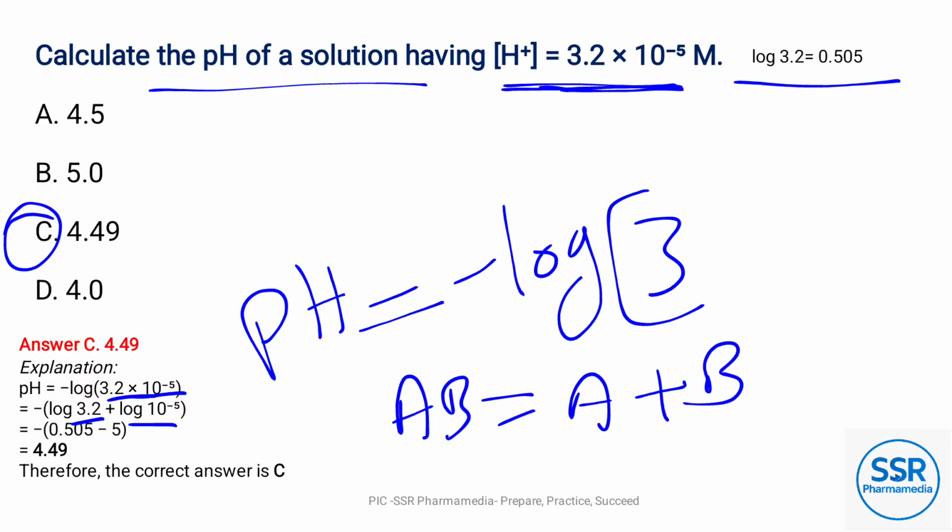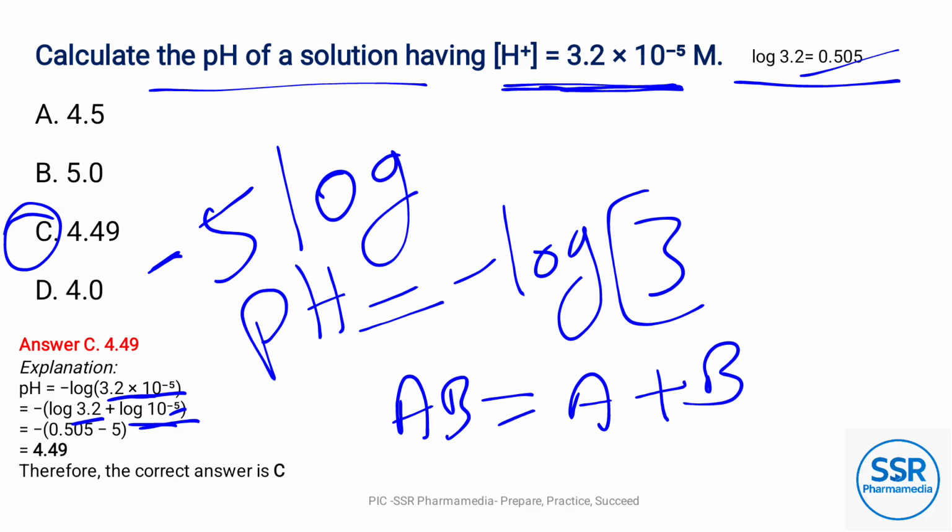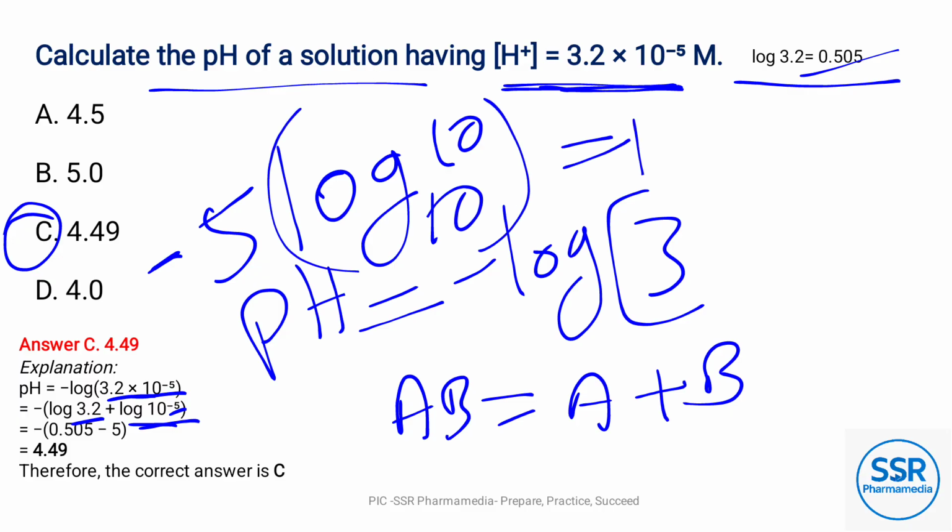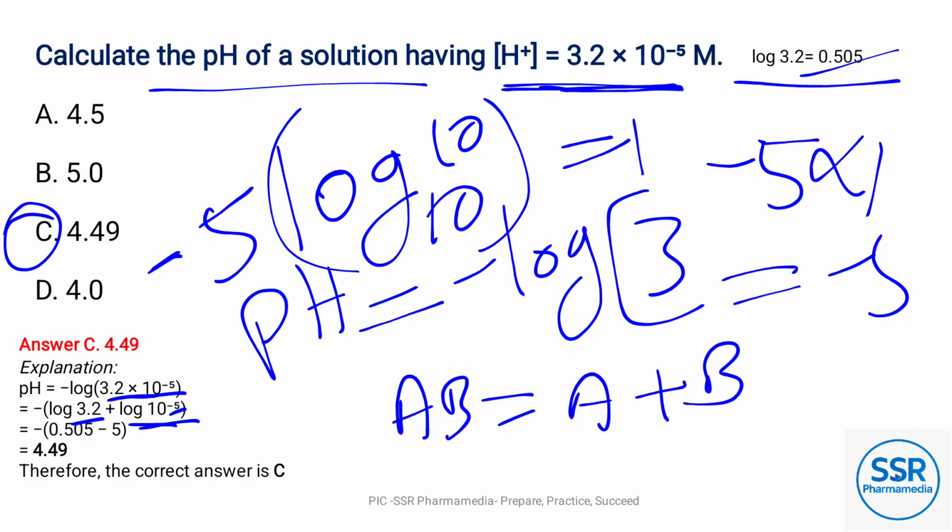Already the log value of 3.2 is given as 0.505. Then log 10 to the power of minus 5 is minus 5 times log 10 base 10, and log 10 base 10 is equal to 1, so minus 5 into 1 is minus 5.